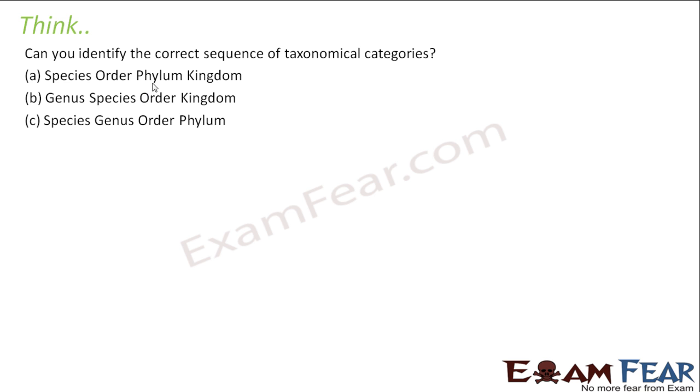Before kingdom comes phylum. Before phylum will come order, and species is the lowest one. So this is correct. In the second one, species is in the middle, but that is incorrect because species is the lowest level. Again here you have species, then genus, then order, then phylum. So this is again a correct one. So these two identify the correct sequence.